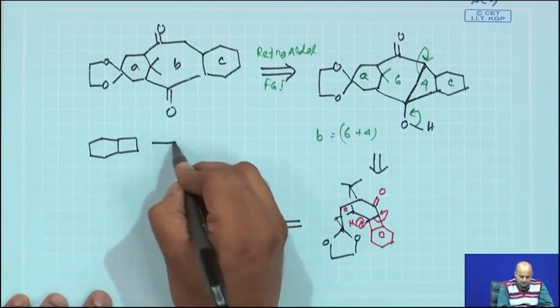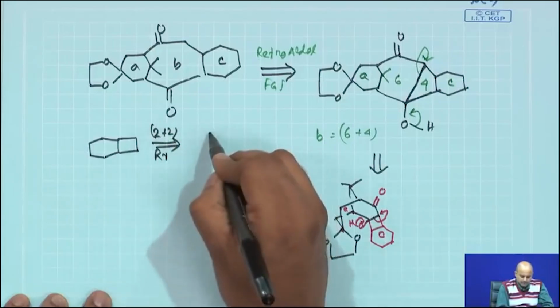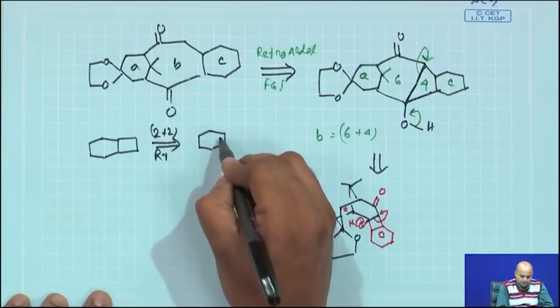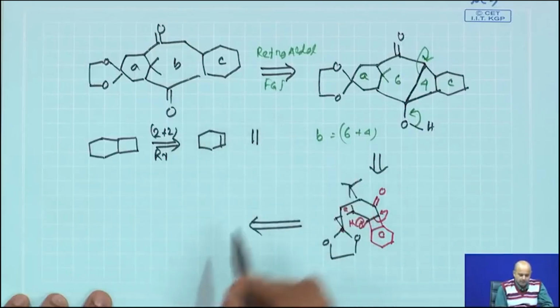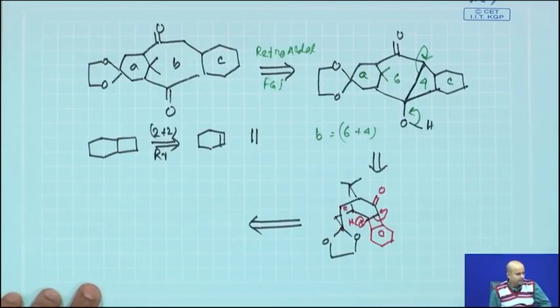The answer was that you can do a simple 2 plus 2 photocycloaddition. So, if you have this compound and this compound, you can simply do a photocycloaddition, which was the main reaction done.